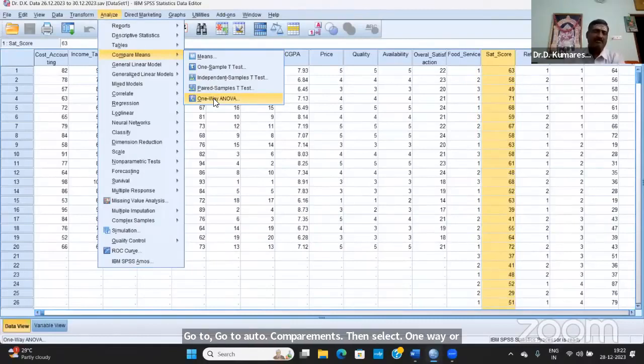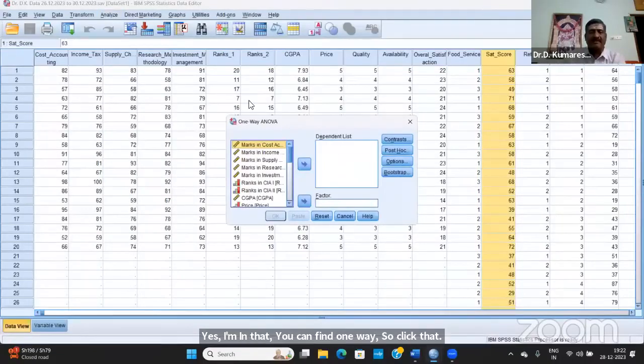So in the menu bar, we can find analyze menu. Select analyze. You can find a drop-down menu. In that menu, you can find compare means. A sub-menu appears. In that menu, you can find one-way ANOVA. So click that.